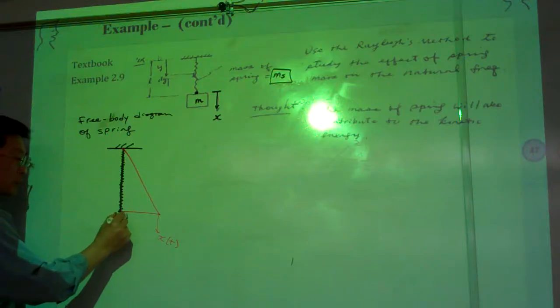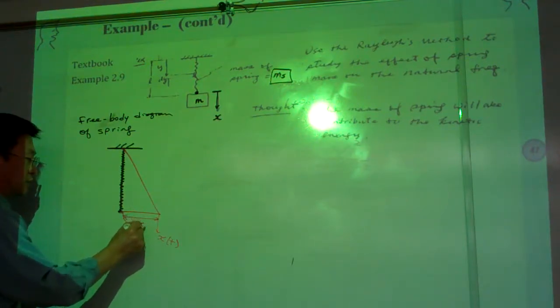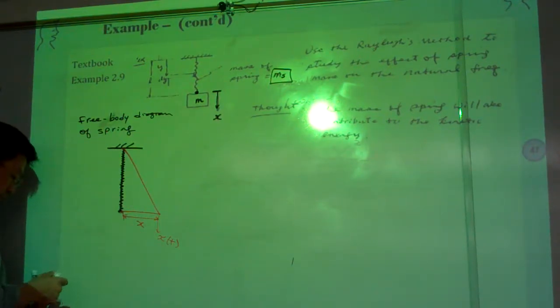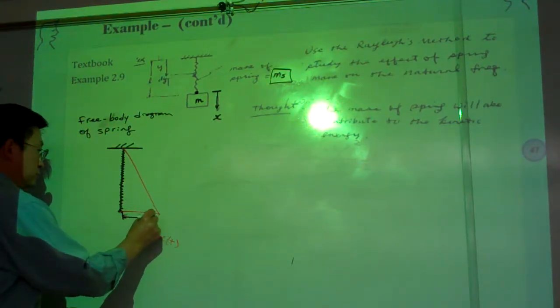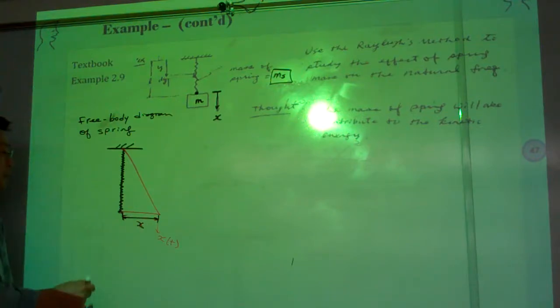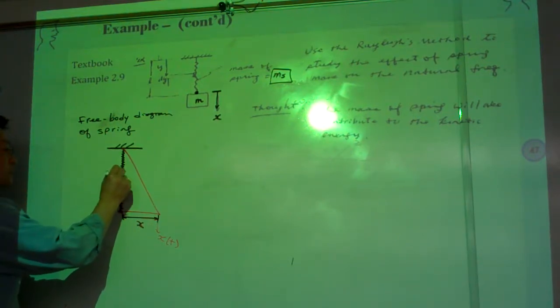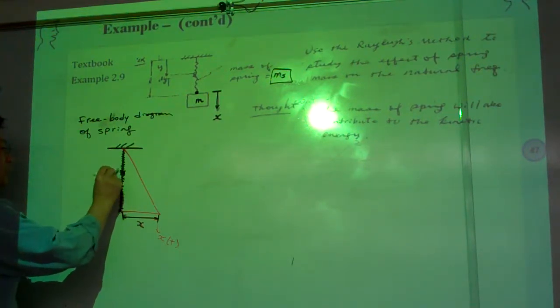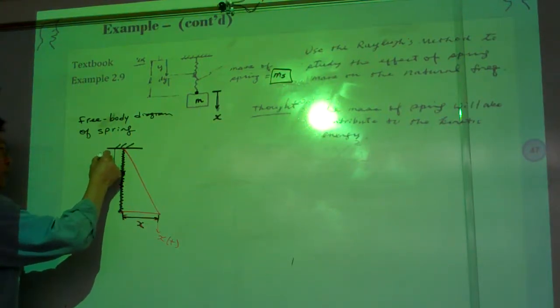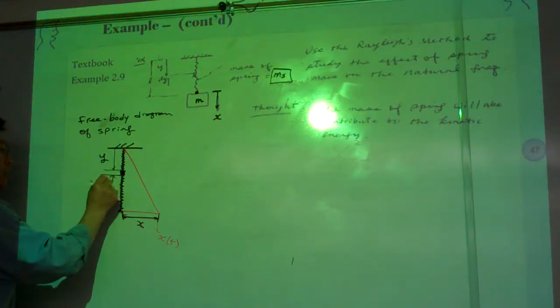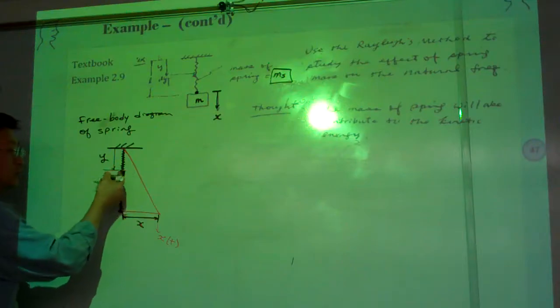At this point, the displacement is x(t). And at any point, let me pick a small element, with the distance measured from the top being y, and let me say this small element of the spring is called dy.